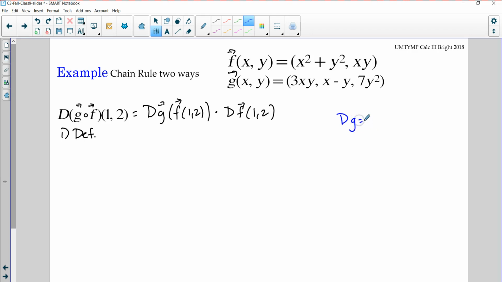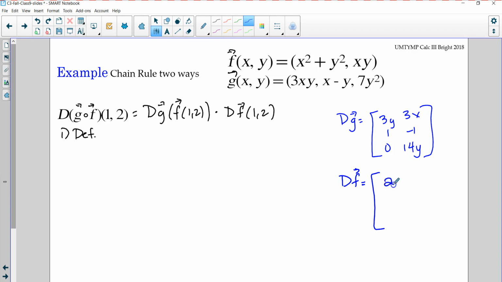Okay, and we got really good at this last week, so my answer is going to be 3y, 0, 3x, negative 1, 14y. And then I'm also going to do df off to the side, so df is 2x, 2y, and then y and x.